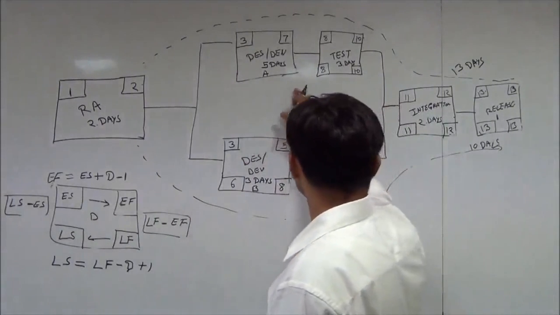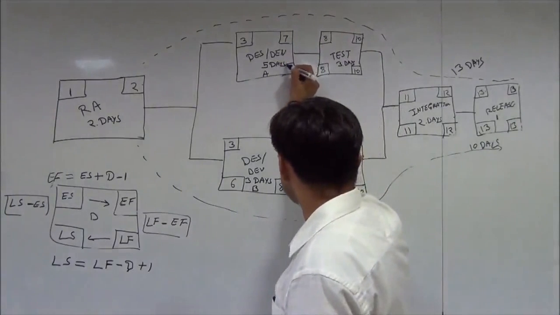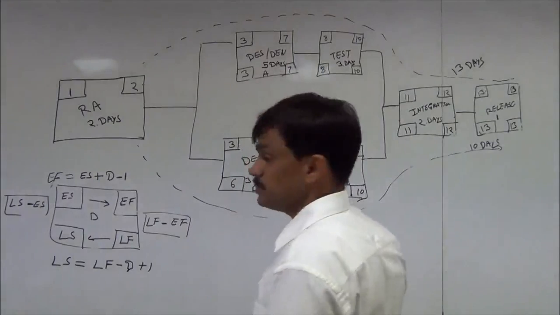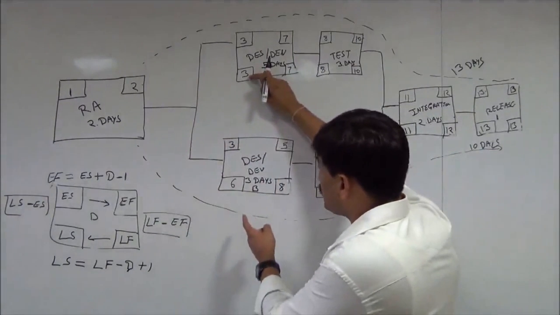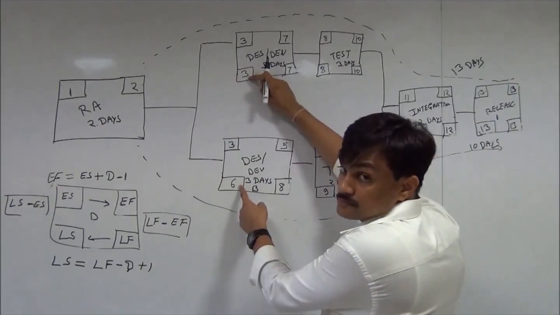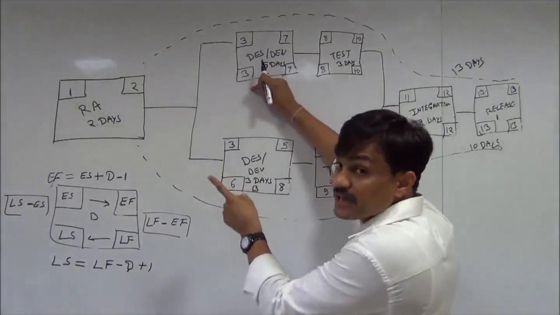Here, since it's a critical path, you can also just copy it, because they are going to be the same. And since here you have late start of 3 and late start of 5, you have to take the minimum, because this activity can latest start by 3.